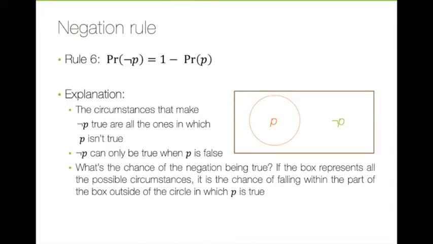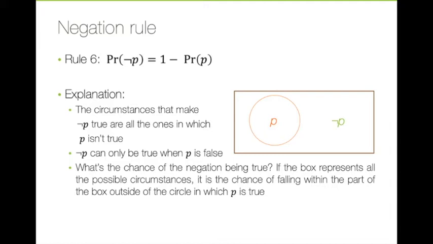The probability of a negation is 1 minus the probability of the sentence being negated. How does this rule make sense? Well, we can draw a circle around the circumstances that make the sentence P true. That's in our diagram there.